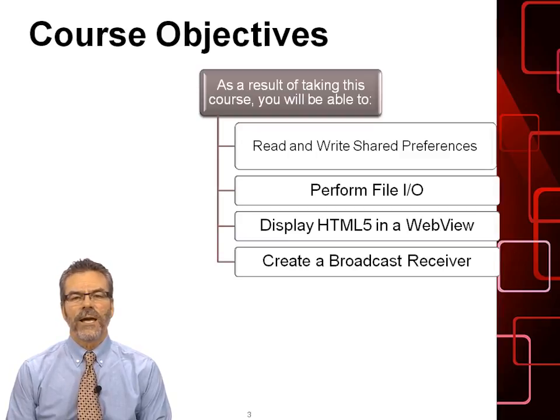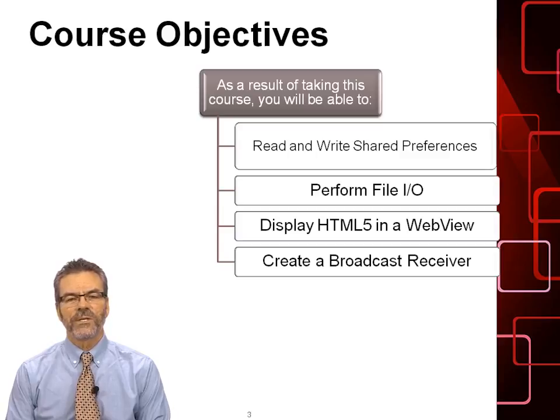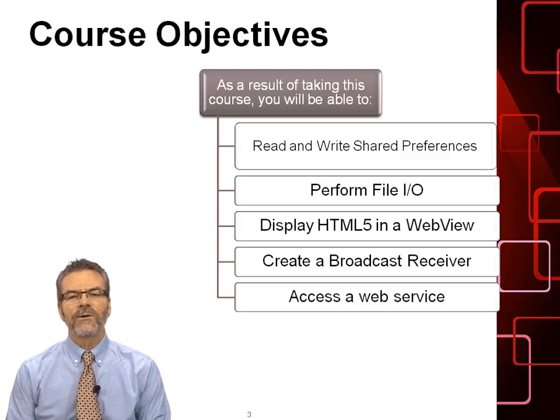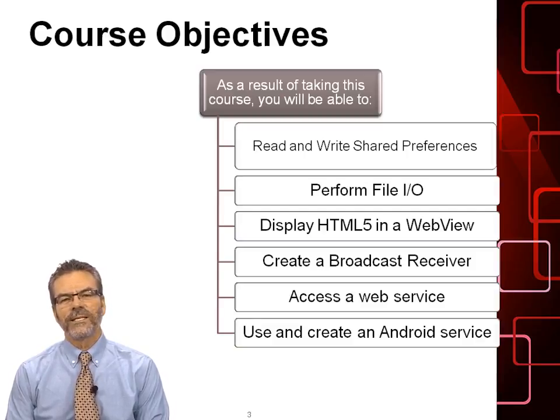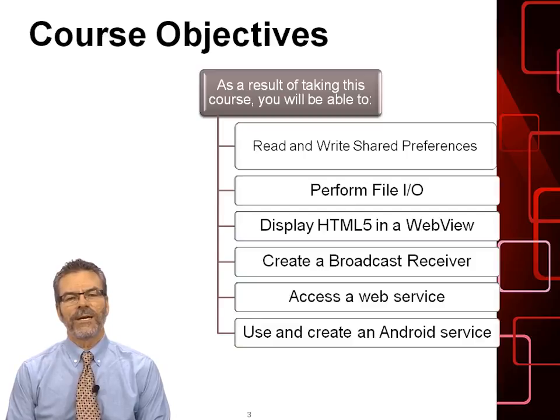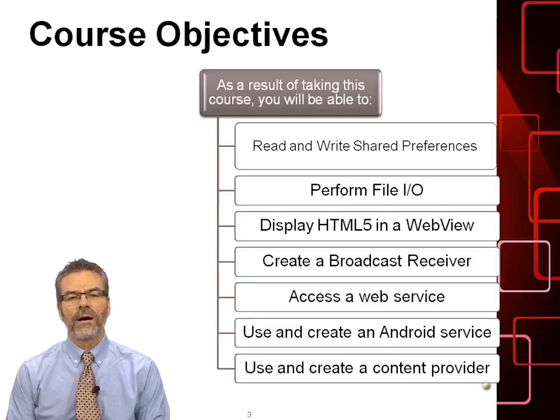You'll learn how to create a broadcast receiver to receive broadcasts, and you'll learn how to access a web service. You'll also learn how to use and create an Android service. We'll find a service is something that runs in the background, and you'll learn how you can access existing services as well as create one on your own.